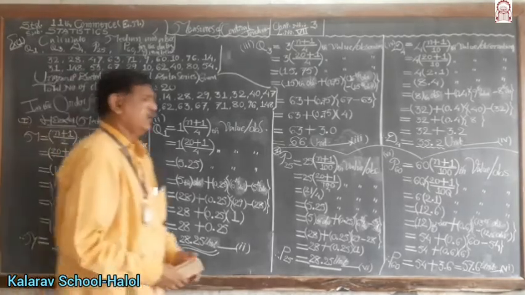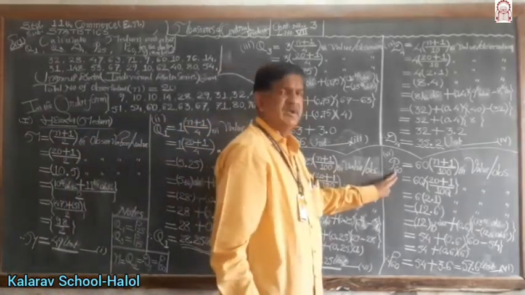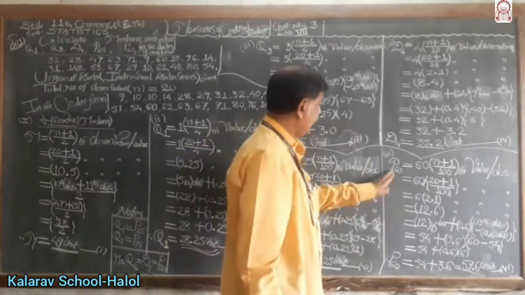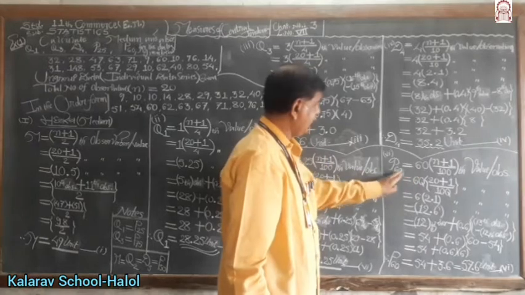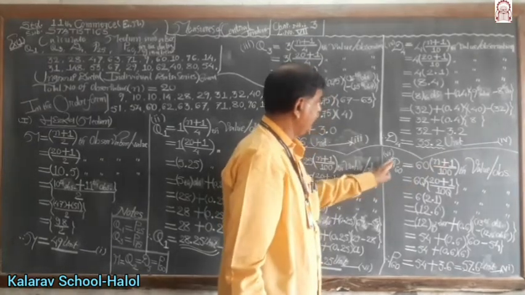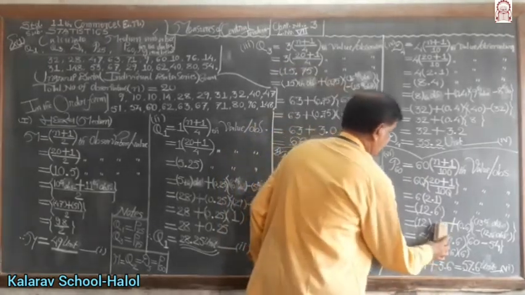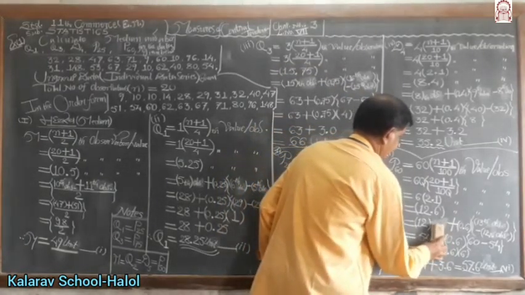Now, finally, P60 means the 60th percentile. Outside the bracket there is 60, inside the bracket n plus 1. In the denominator there is 100, because percentile divides an array distribution into 100 equal parts.